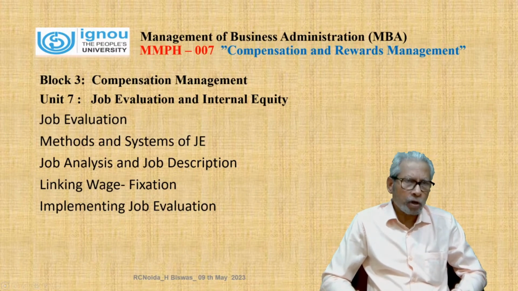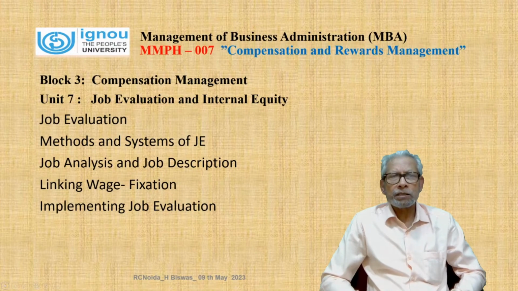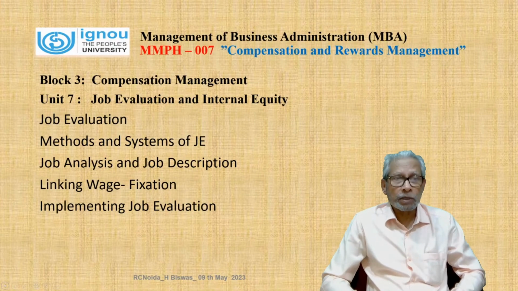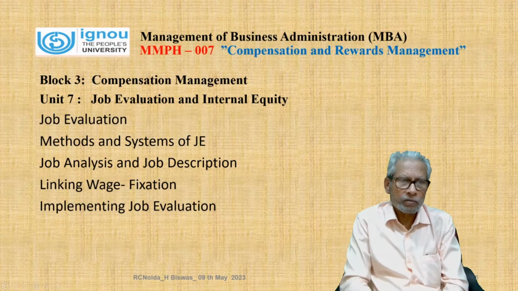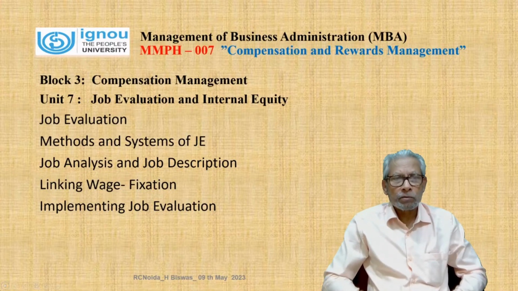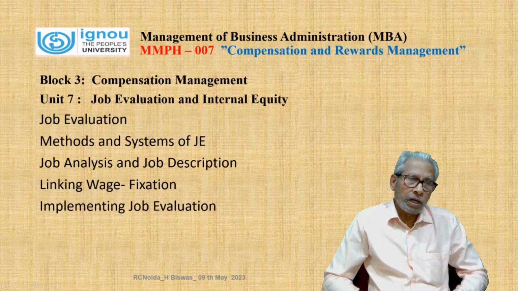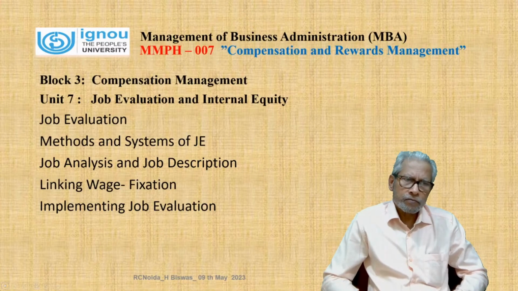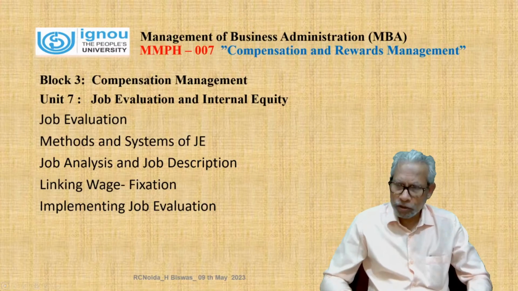Unit number 7 is job evaluation and internal equity, where the job evaluation part is defined: what the meaning of evaluation is and why it is required, the methods and systems of job evaluation, what types of methods are there to analyze things, then job analysis and job descriptions, even job specification, linking with wage fixation and the way it links, then implementing job evaluation.